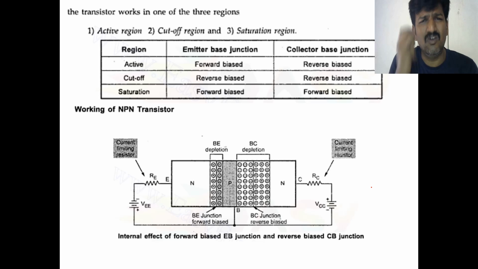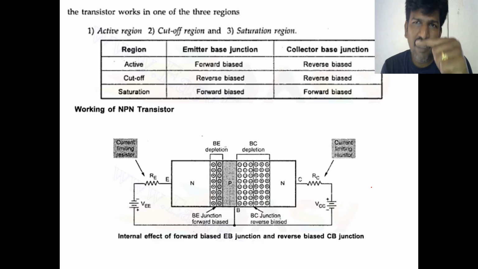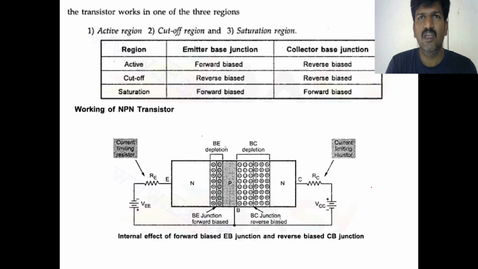Generally it is a very simple concept. A particular junction forms like a diode. If you apply P with the positive polarity and N with the negative polarity, the junction becomes forward biased. If you apply P with the negative polarity voltage and N with the positive polarity voltage, that junction becomes reverse biased. It is only based on your biasing supply.